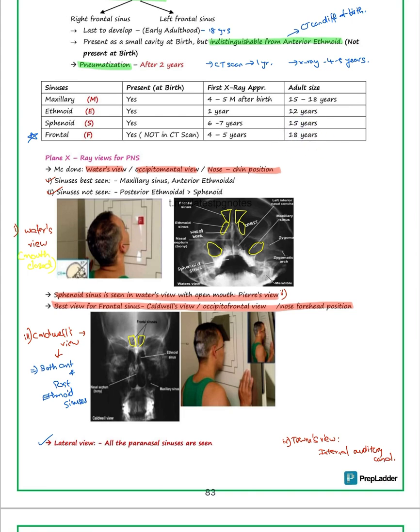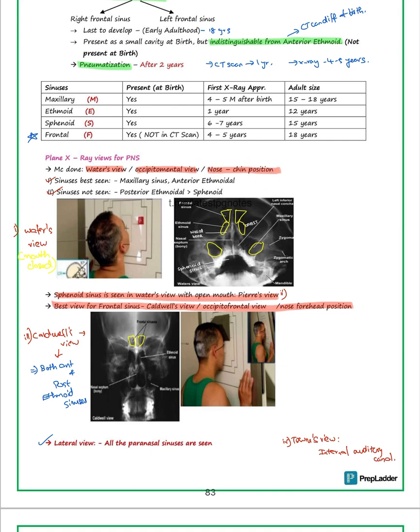Next we are going to see how we can see the sinuses on X-ray examination. First, if we need to see the maxillary sinuses and anterior ethmoidal sinuses, we need the Waters view, or mentovertical view, or nose-chin position.